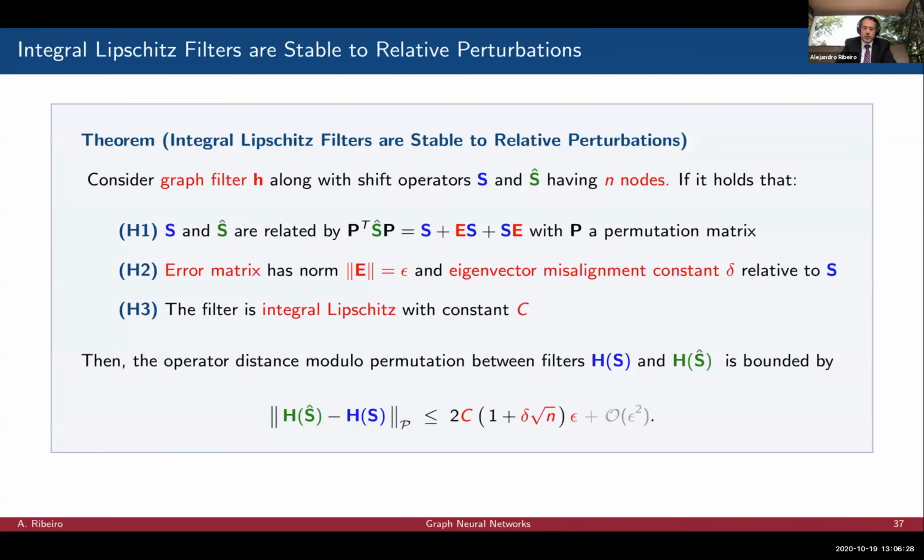And this allows me to introduce this alternative theorem, which looks a lot like the one that we had before.